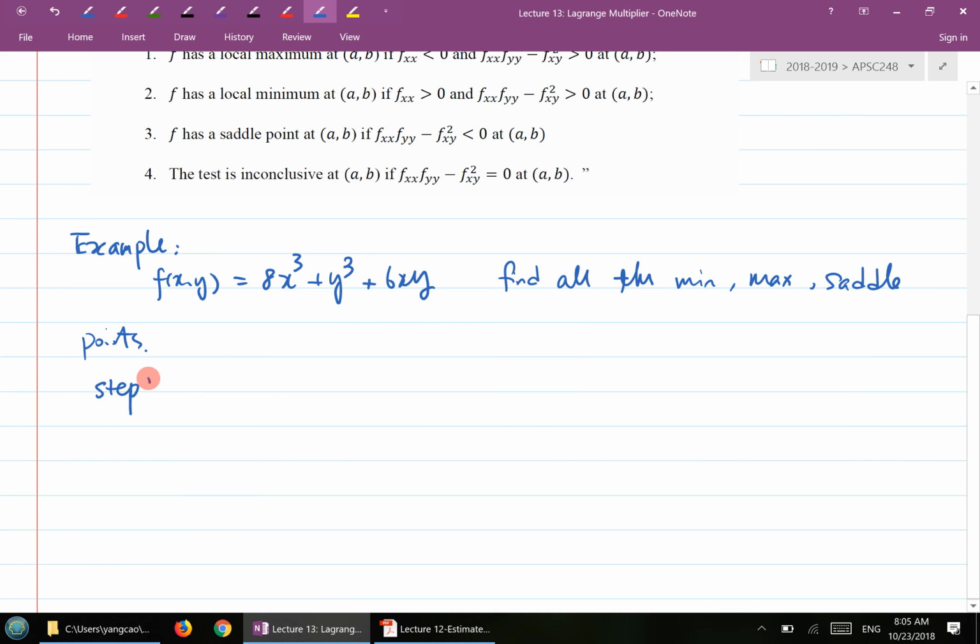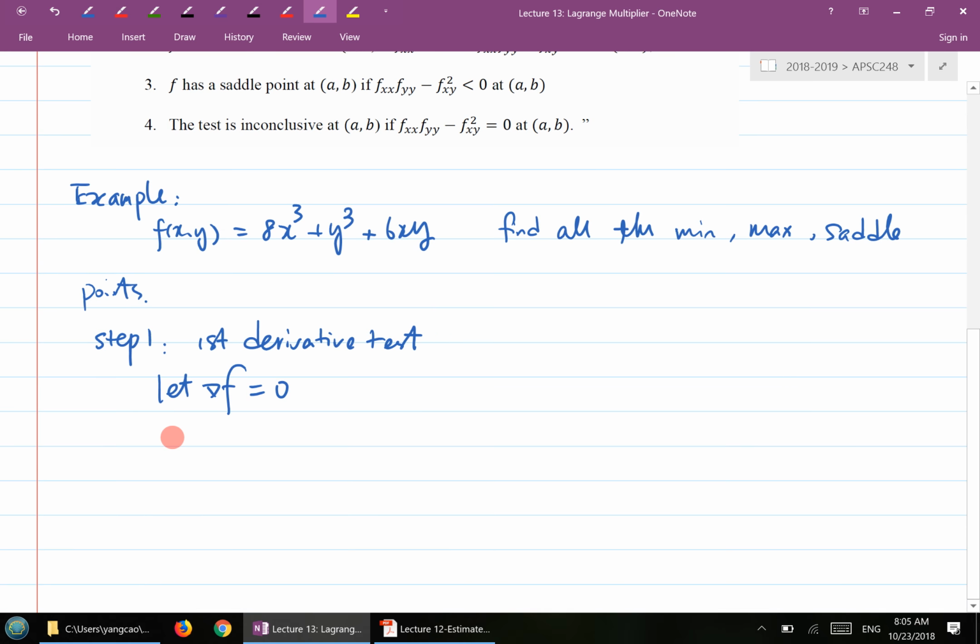Step number 1 is the first derivative test. First derivative test means we let del f equal to 0, so the gradient is 0, because at a critical point the gradient value will be 0, meaning there's no increase or decrease at that particular point.